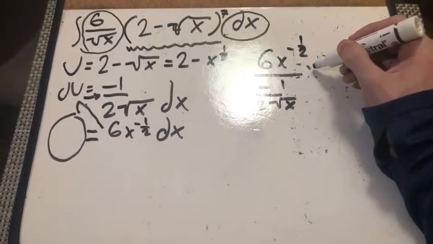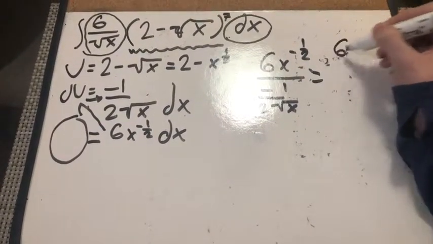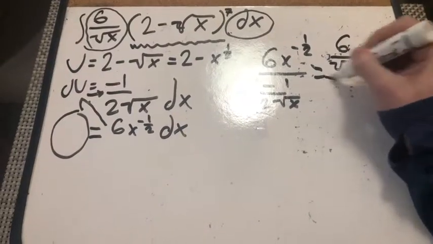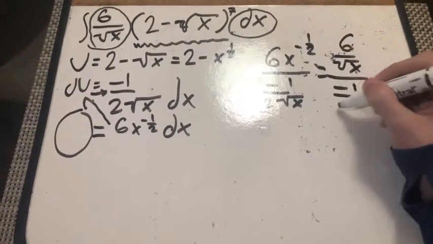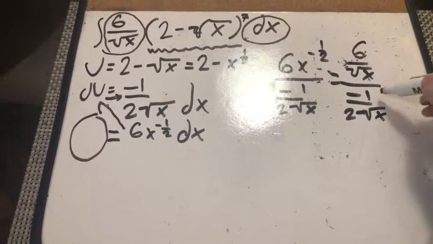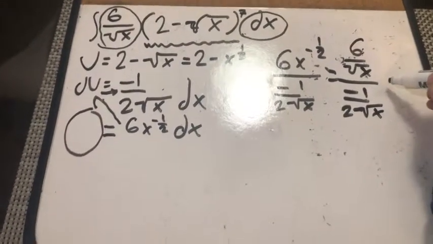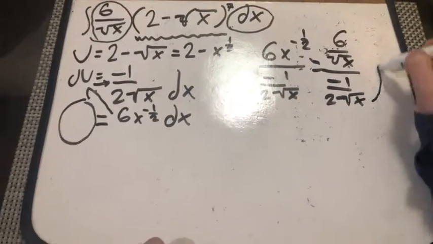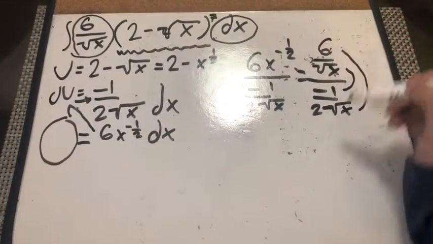So this is the same as 6 over square root of x over negative 1 over 2 square root of x. Now we just have to do the famous method of the tortilla, which is this times this and this times this.